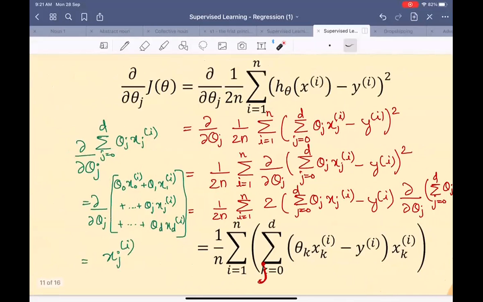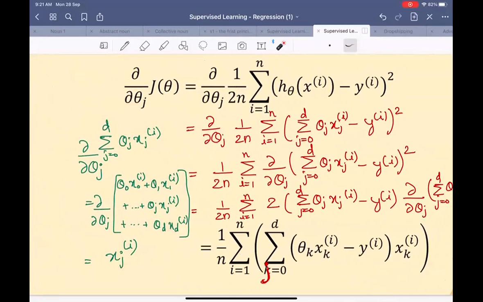This can be understood by looking at the expansion of the summation of theta j x j. It gives us theta 0 x0 i, theta 1 x1 i, theta j xj i, theta d xd i, and multiple terms in between. What the partial derivative says is that only theta j is the variable. Everything else becomes a constant.